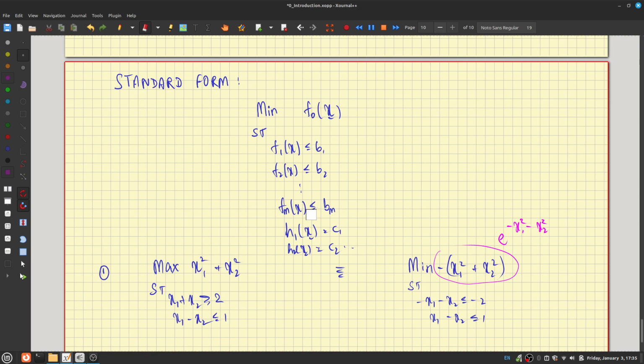Only one objective function, and you have multiple constraints, any number of constraints, but all of them have to take this particular form. As long as it takes this form, I'll tell you what we can do with it. It'll be up to you to bring it down to this form. If you can, then we'll see that we can design solutions around this.